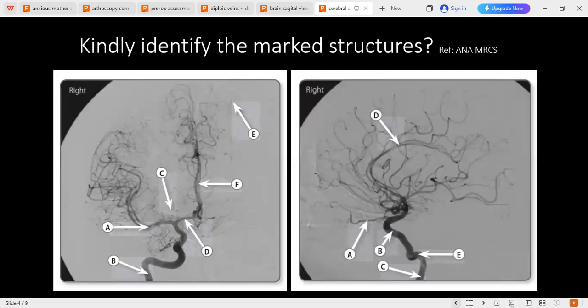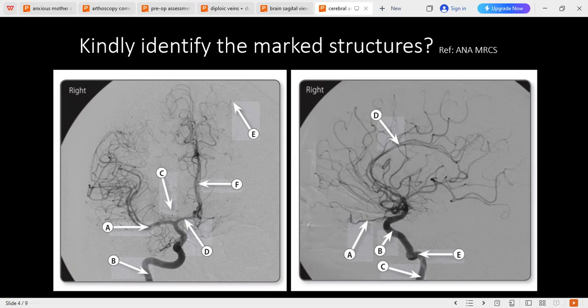On the left, here I would like to comment. Here the B is internal carotid, but we never know the segments of it. So I think for the vertebral and carotid, one must always remember all the segments. So carotid has seven segments.